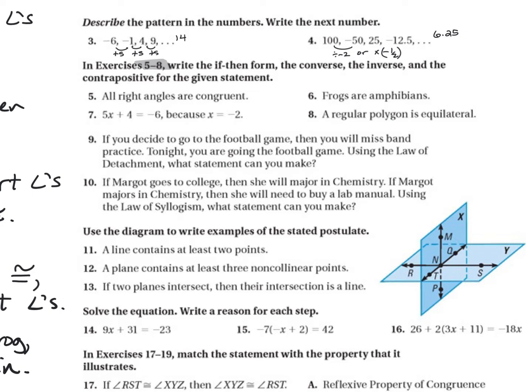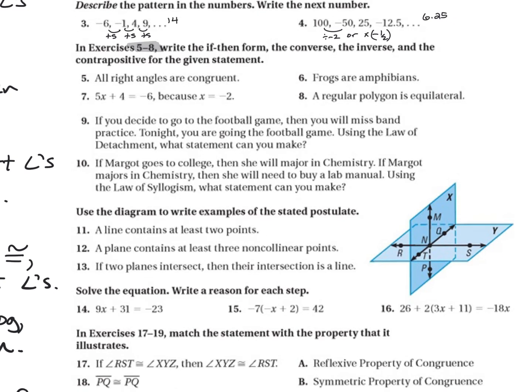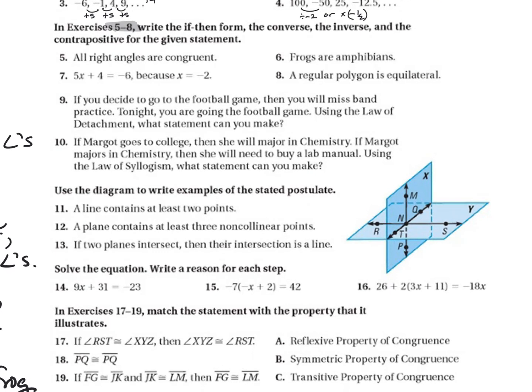Using the law of detachment, what statement can you make? And you can make the statement, since you are going to the football game, you will miss band practice. So right here, this is going to be our conclusion, and this is our statement that we're going to make. You will miss band practice.